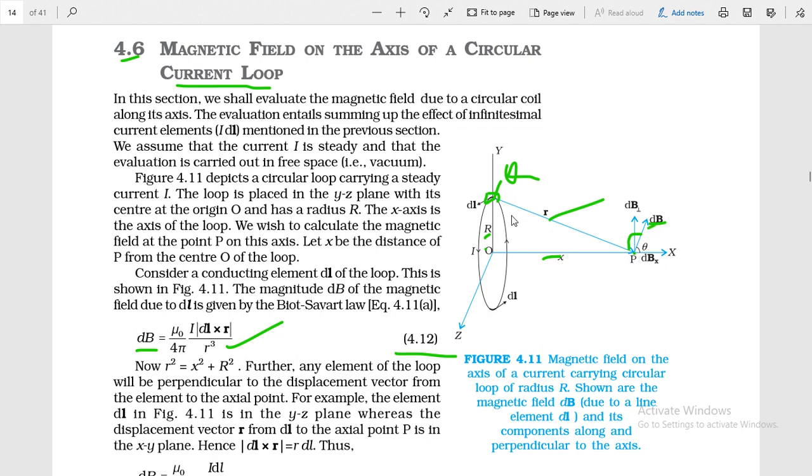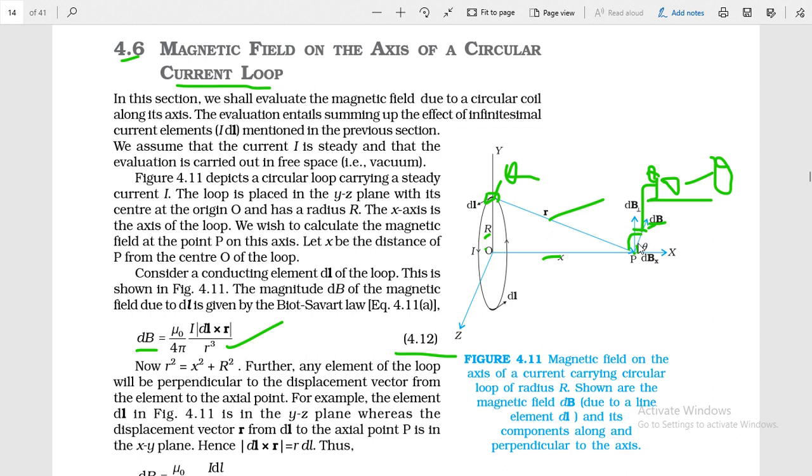Now this magnetic field is perpendicular to this line, and suppose this angle from the x-axis is theta. Then this angle is 90 minus theta. Since this total angle is 90, this one is again 90 minus theta.